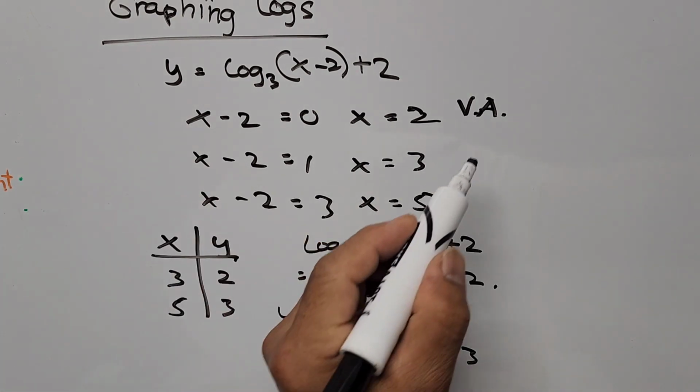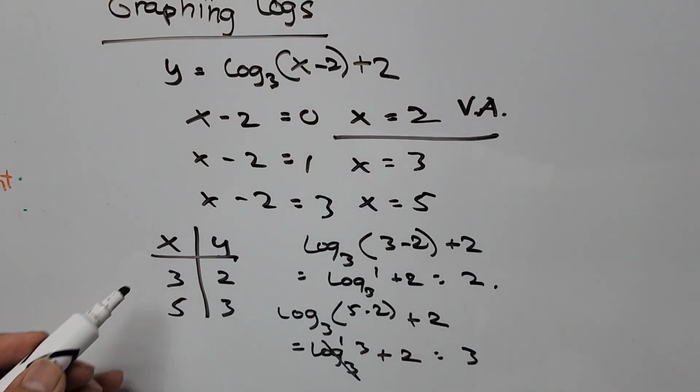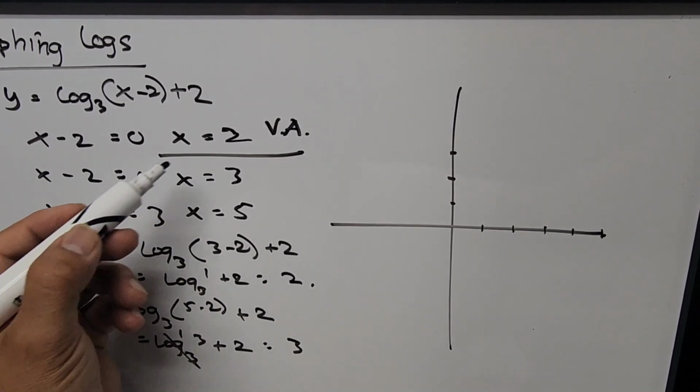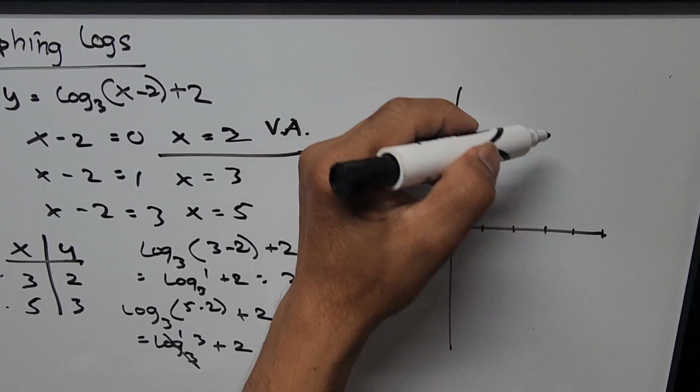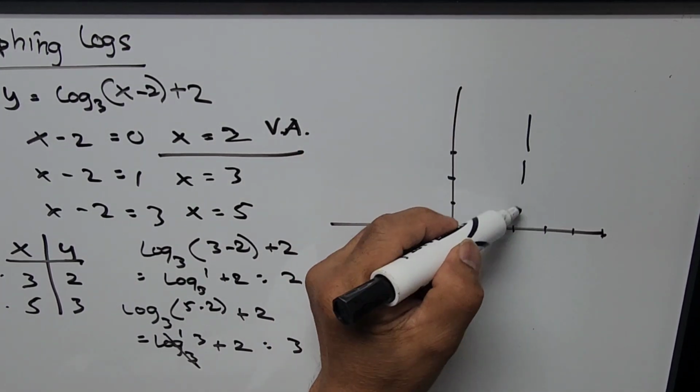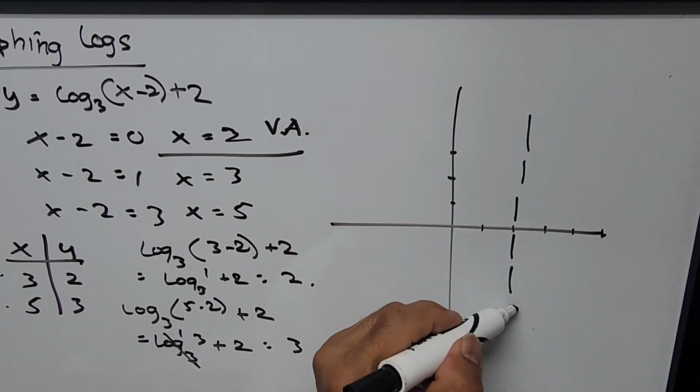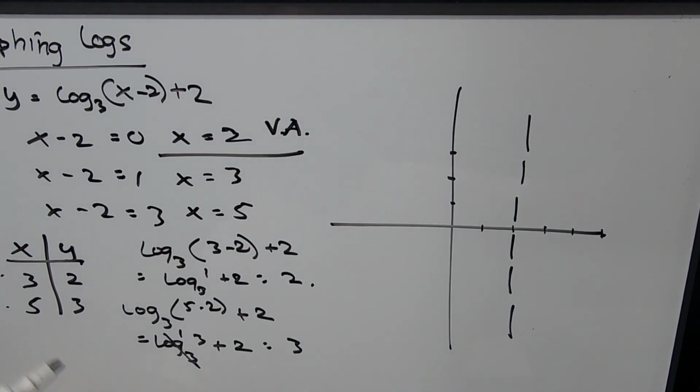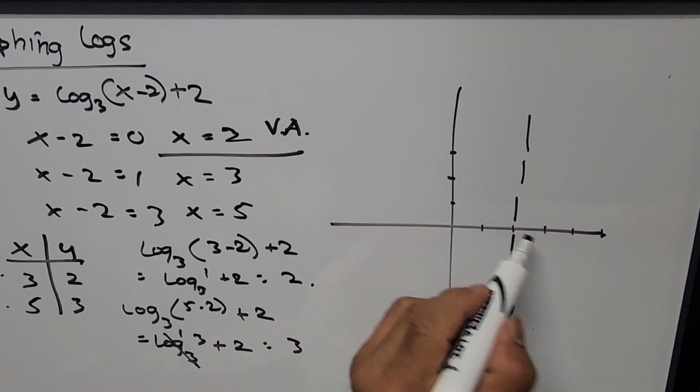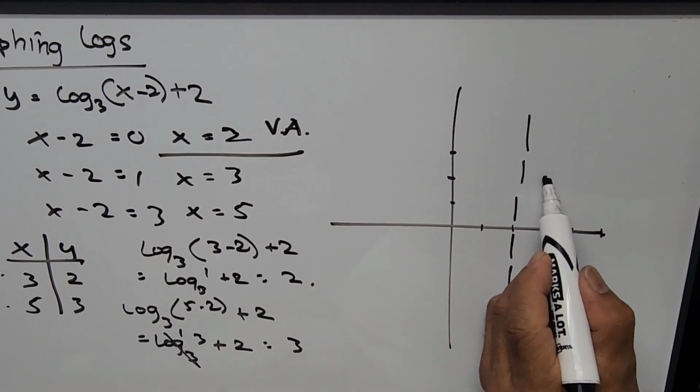We have here the vertical asymptote, x = 2, and 2 points on the graph. We have the vertical asymptote at 2. And the 2 points on the graph: 3 for x and 2 for y, so 1, 2, 3 and 2 for y is right here.